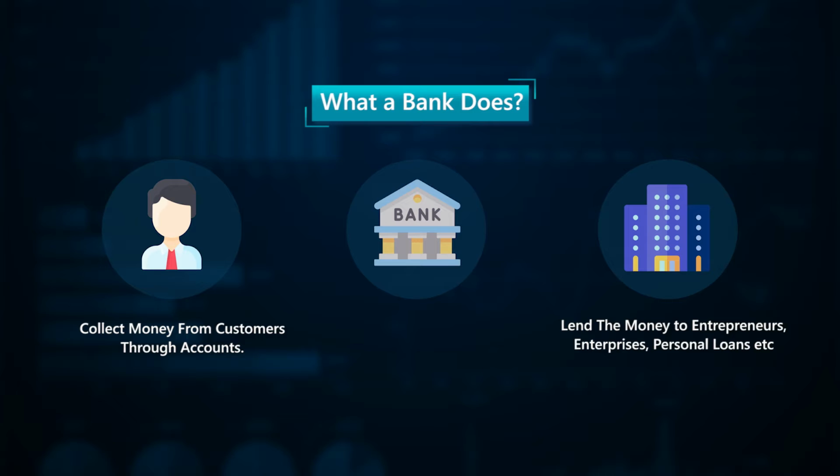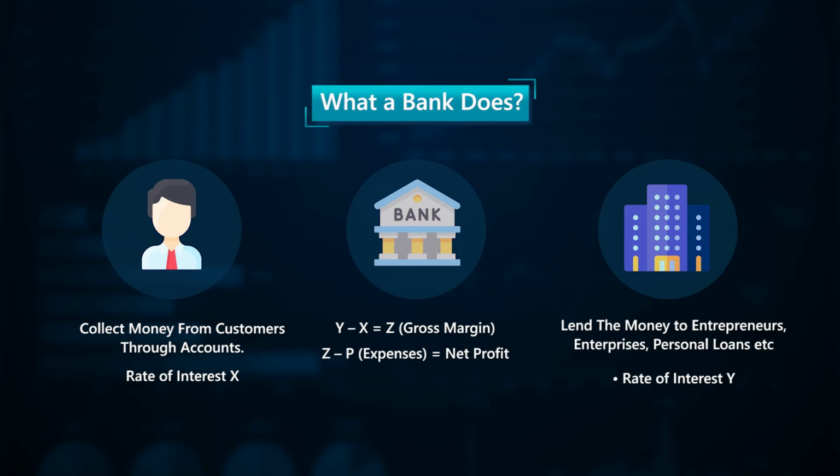The bank raises money from us at a certain percentage, say X, lends to other people at a certain percentage which is higher than X, say Y, and the difference between Y and X turns out to be its gross margin. Let's say Z is its gross margin. From this margin, all the expenses that it incurs are removed.